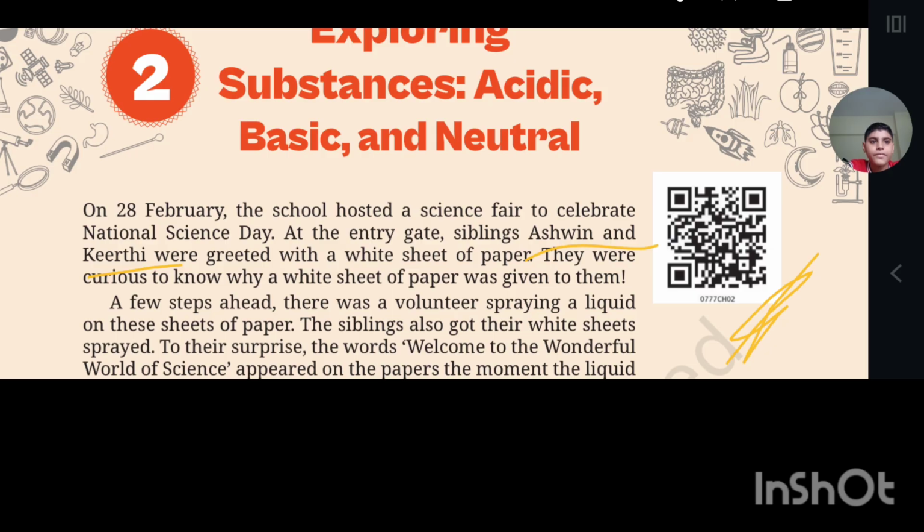It was blank. They were curious to know why a white sheet of paper was given to them. A few steps ahead, a volunteer was spraying liquid onto these sheets of paper.